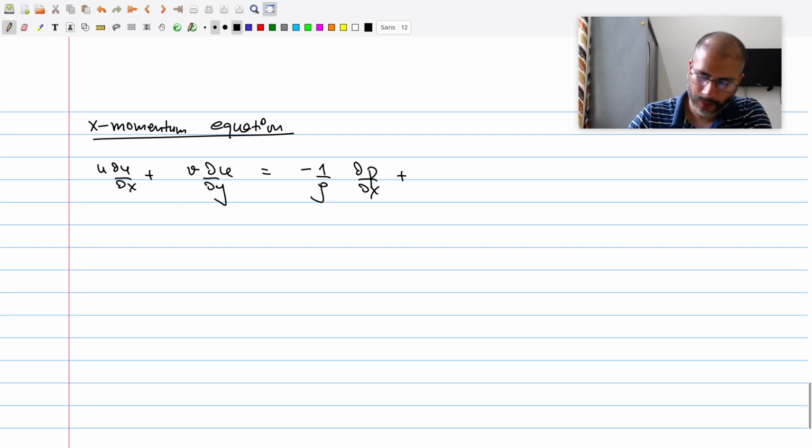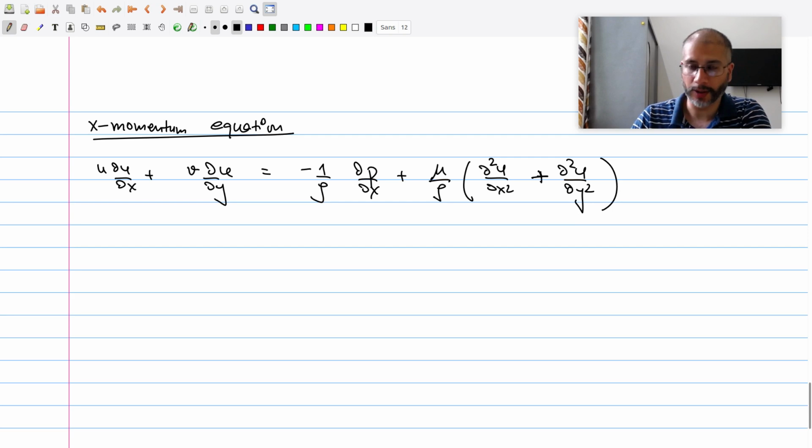The fourth term is the viscosity term, which is del two u by del x squared and del two u by del y squared. Remember, we just said that the derivatives in the y direction are much larger in magnitude compared to the derivative in the x direction. So I can neglect this term, because I just showed that the order of magnitude of this term is much less. We can also show this using order of magnitude analysis, but since we already know this, we will let it go.